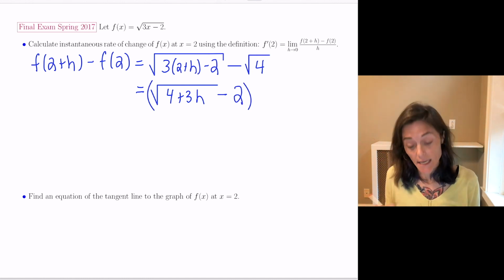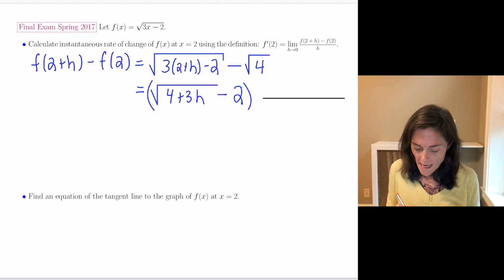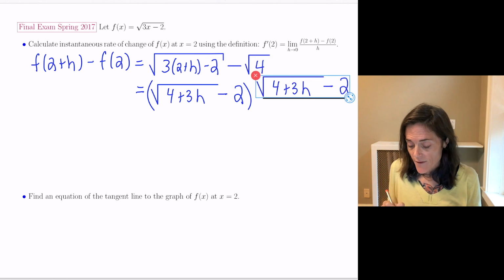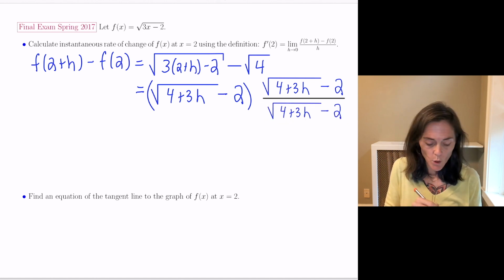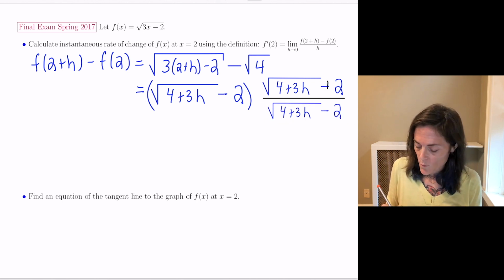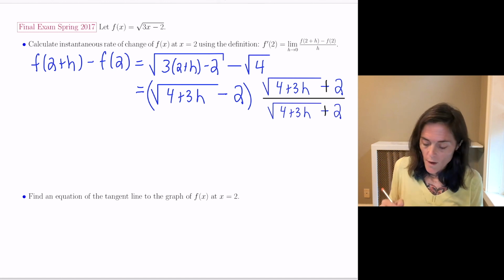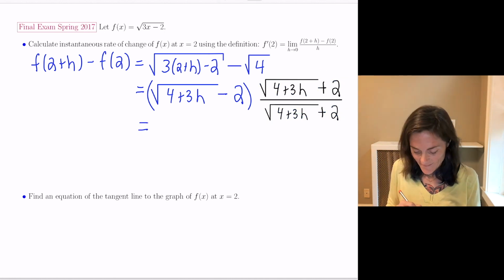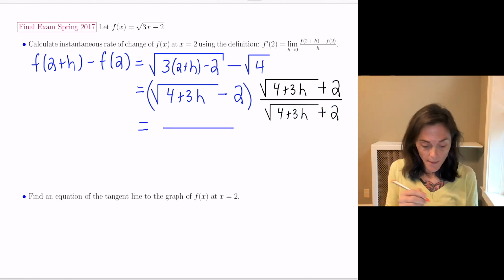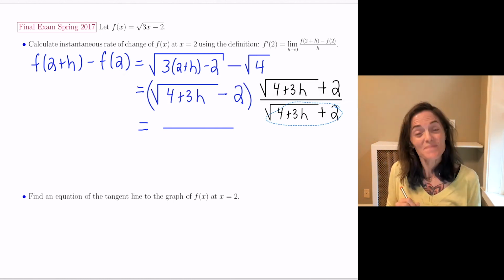My strategy here is different. We take this, and instead of having the minus, we put a plus. But we have to multiply by 1, so we multiply by this conjugate. This is going to help me get the h out from underneath the radical. Now my denominator is exactly what we see here, so I will copy and paste.